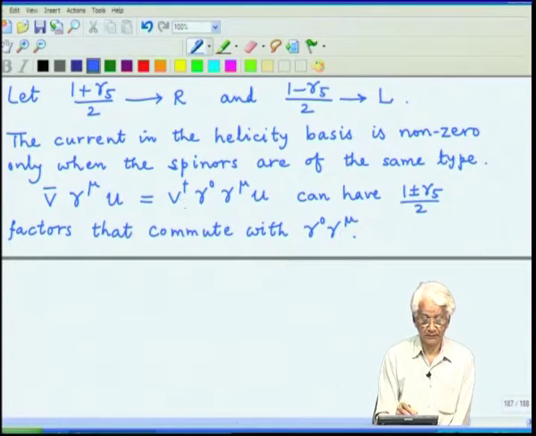And so, if there is a 1 plus gamma 5 by 2 operating on u, it again has to be 1 plus gamma 5 by 2 operating on v. There is no other choice allowed.